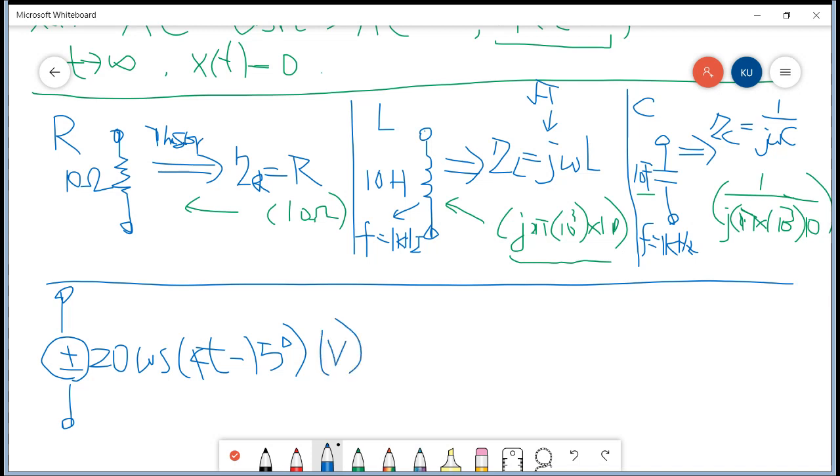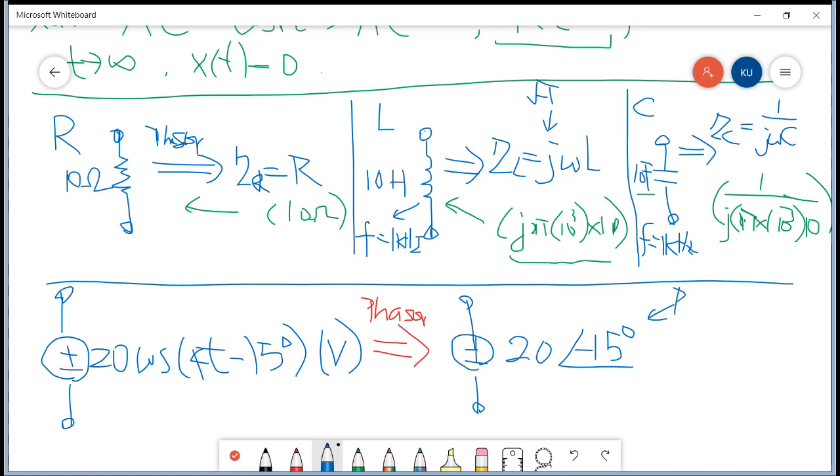Then in the phasor domain, we make the conversion to 20 at minus 15 degrees, and actually this is the polar form.